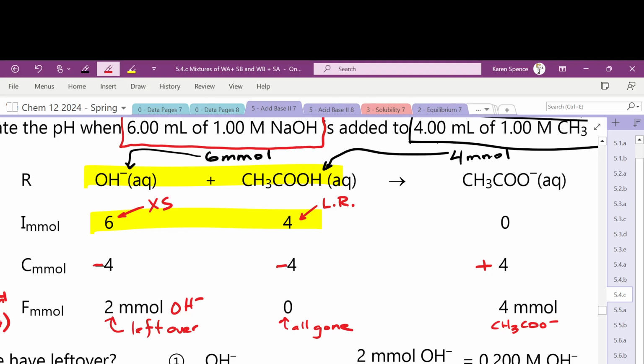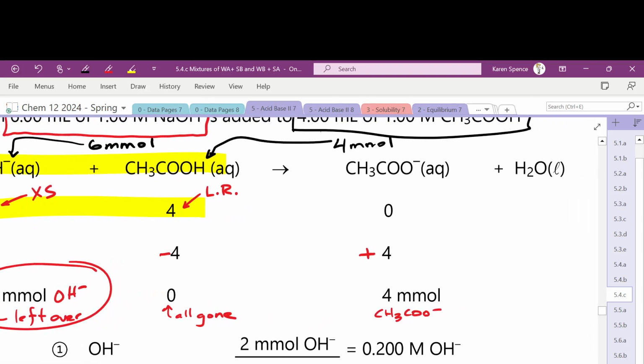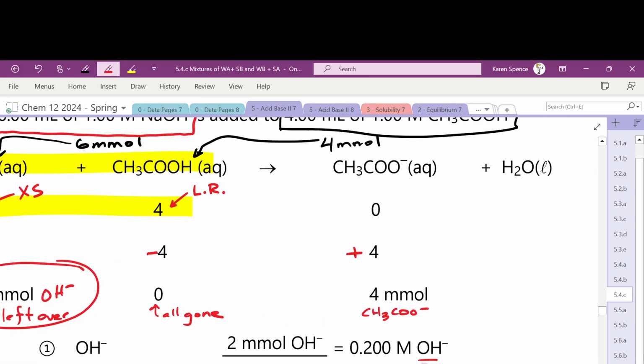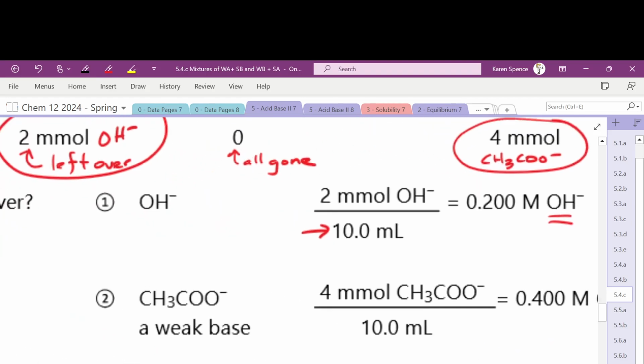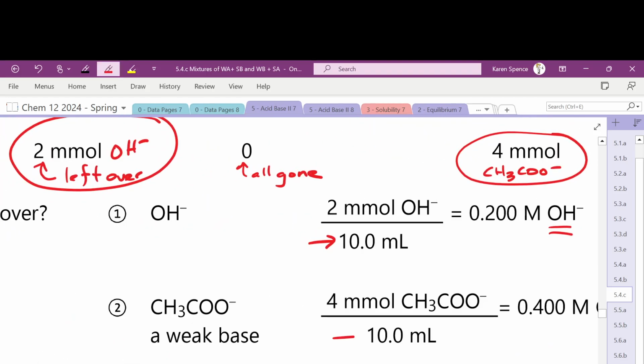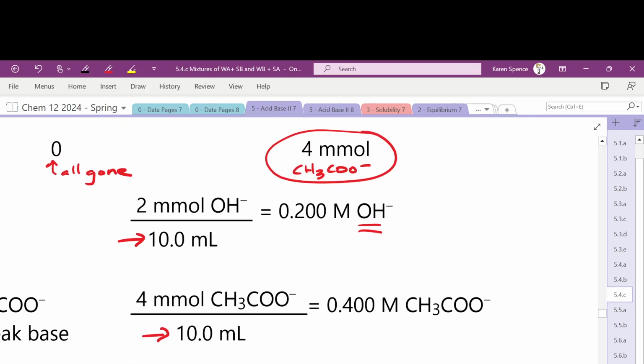So 2 millimoles in 10 milliliters gives us 0.2 molar OH minus. 4 millimoles in 10 milliliters gives us 0.4 molar CH3COO minus. And because we've worked with milli, the millis cancel there. You could do it all in liters though, and that's totally fine if you feel better that way.